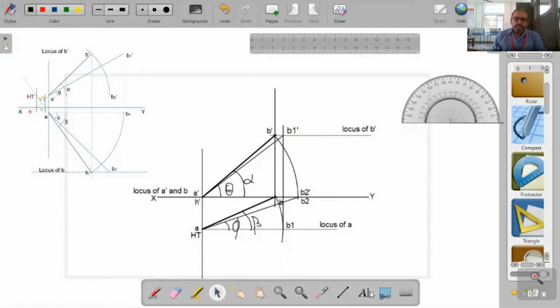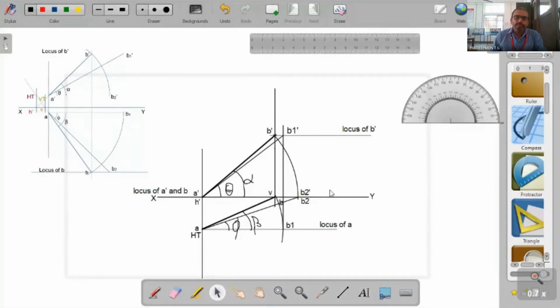Similarly, V will be the same as our B. Similarly, we obtain the point V by extending the top view. Here we need not extend the top view, since B is in XY.